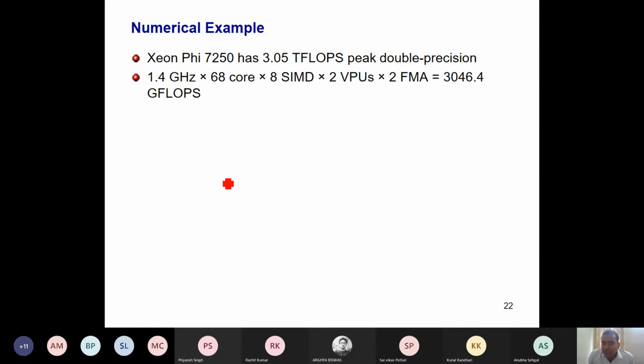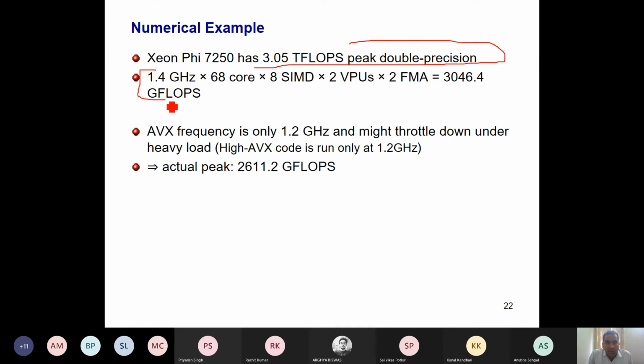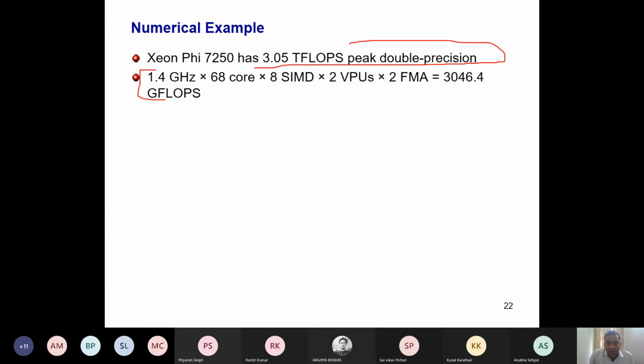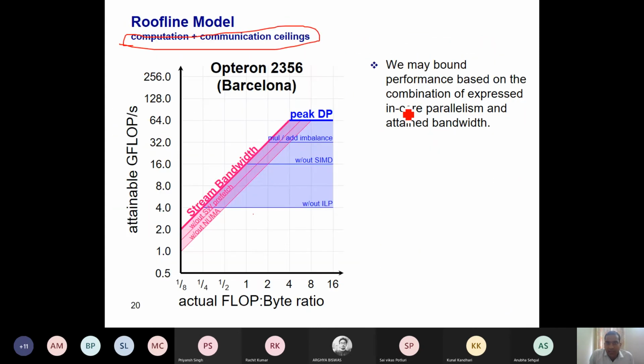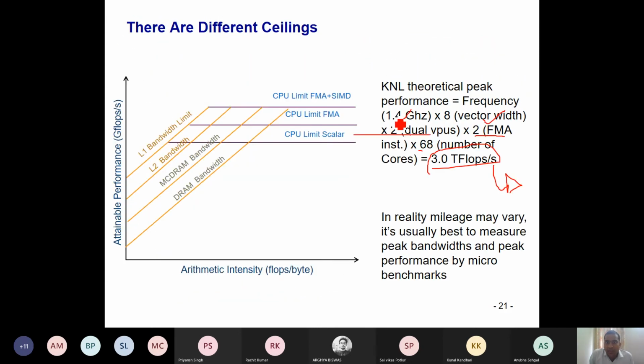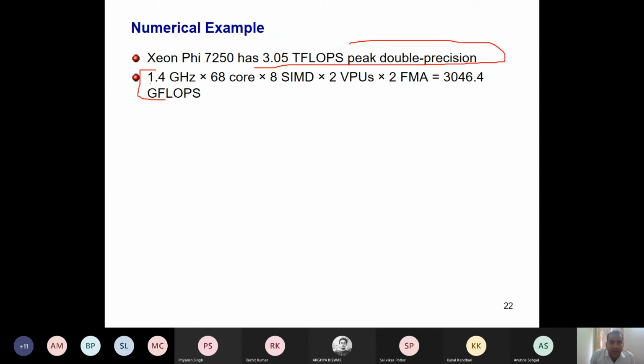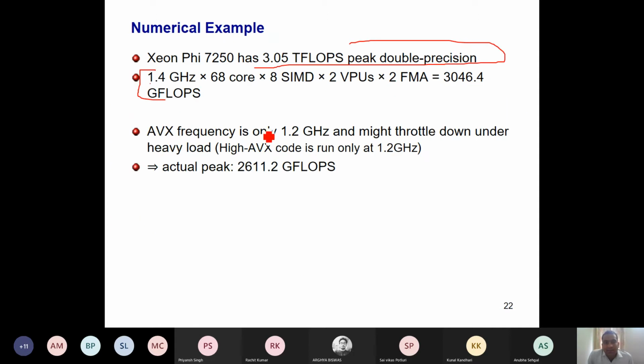So here I'm only showing the computation ceiling. Suppose this is the peak double precision performance, which comes from this. This was our peak. Here we assume 1.4 gigahertz of frequency. But sometimes it happens that if you are using all the 8 vector lengths, you can't run at 1.4 gigahertz.